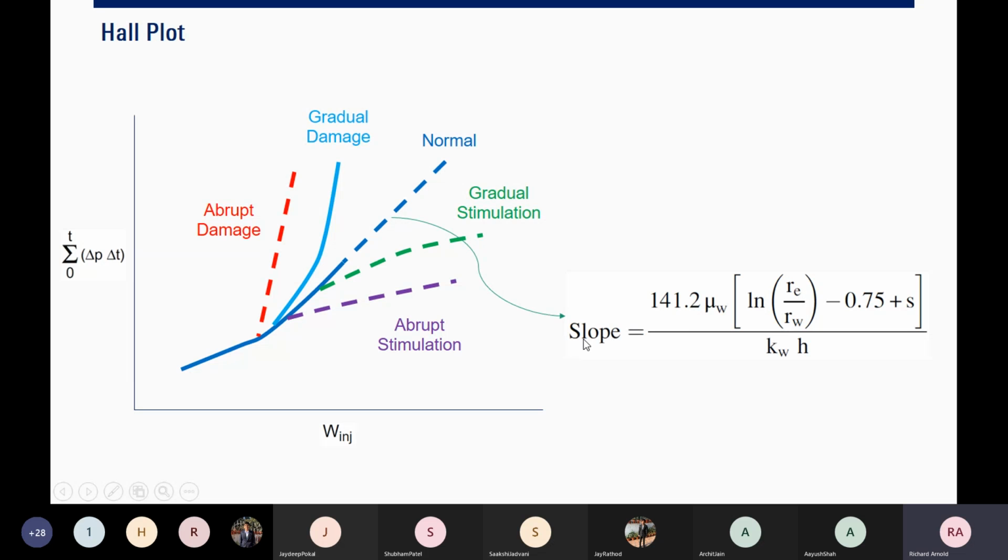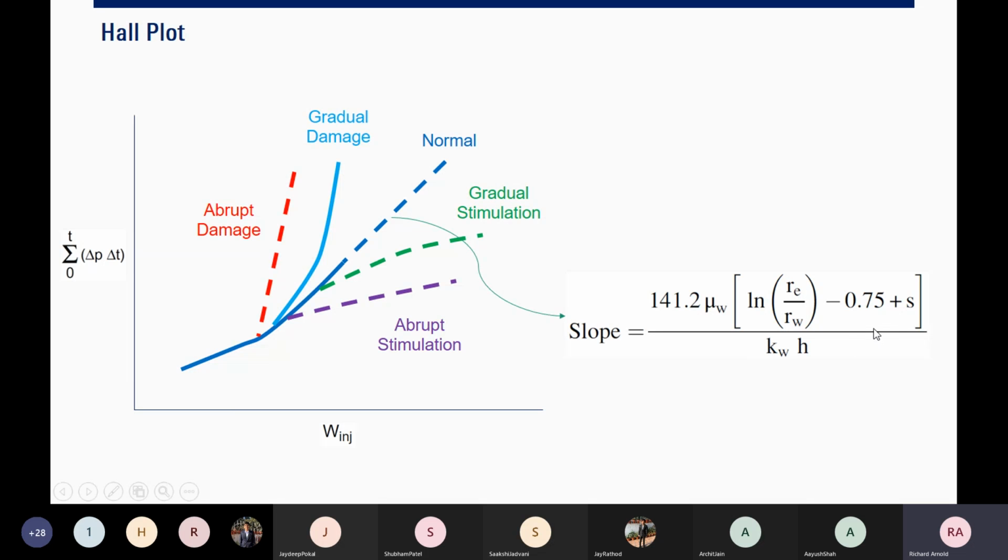So finally, the slope is influenced by viscosity, the reservoir radius, well radius, permeability, thickness, and of course, skin. All right, so if you have higher skin, of course, you will have higher slope. And that's why with this gradual damage, higher slope, it means that you have higher skin.